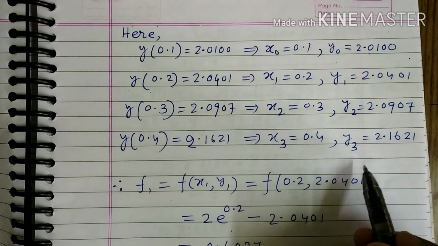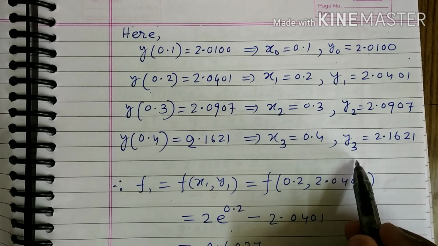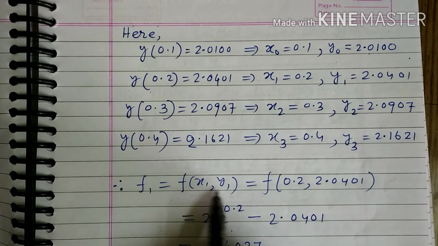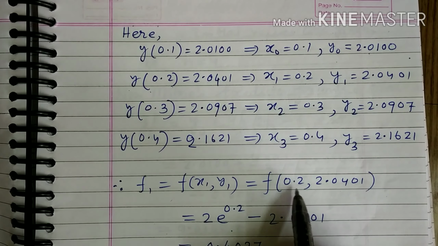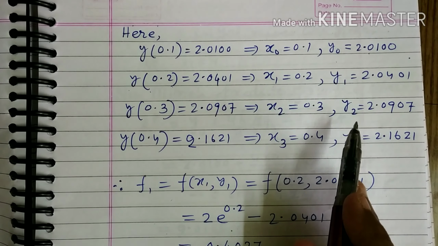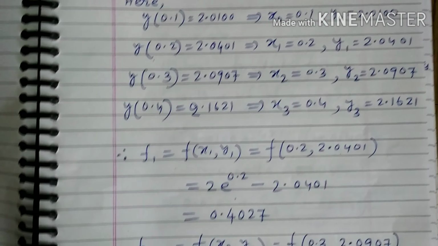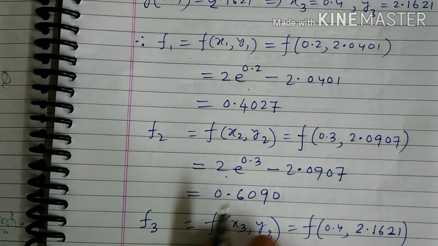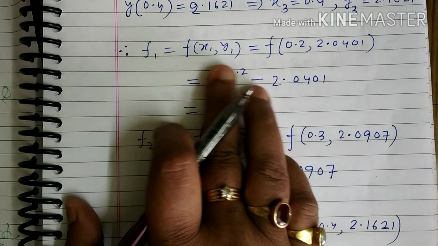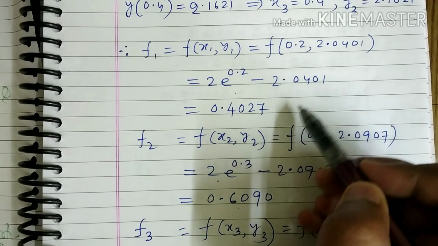To find the y4 value, we have to calculate f1 first. What is f1? The functional value at x1, y1. You know x1 and y1 from the previous calculation. Now substitute and find the value.